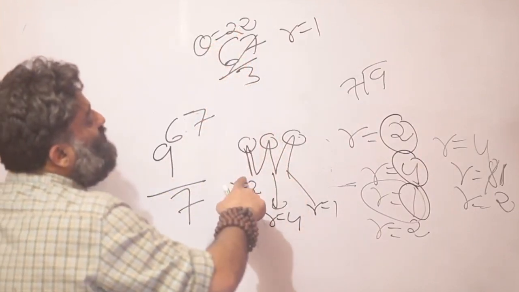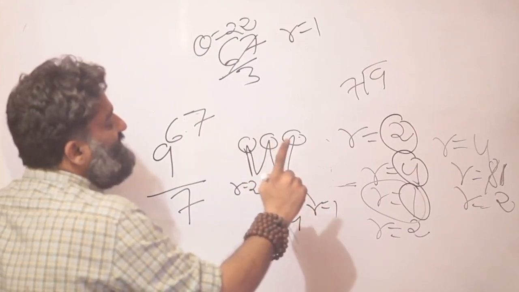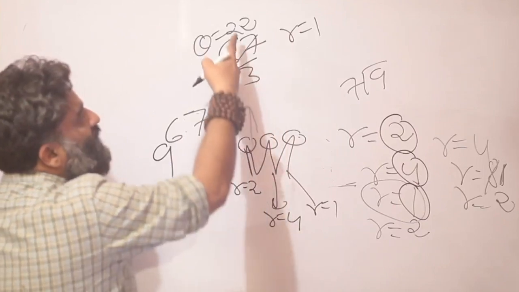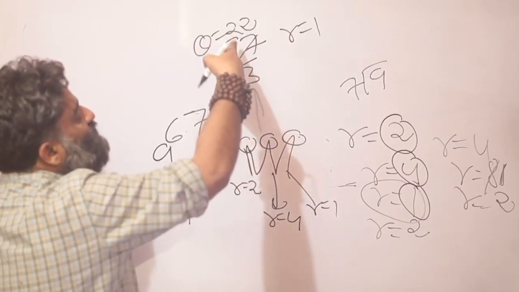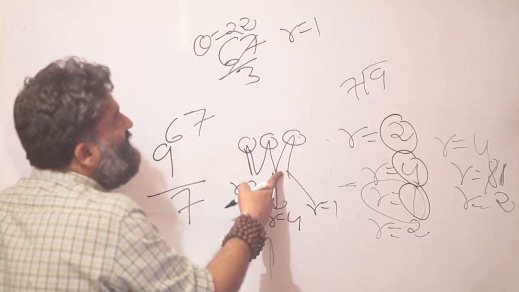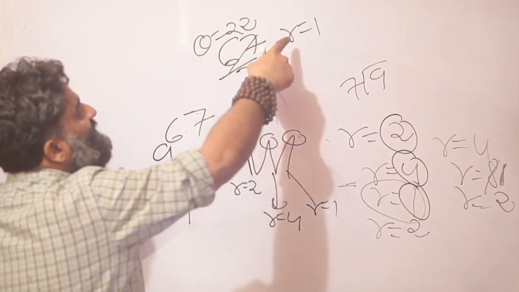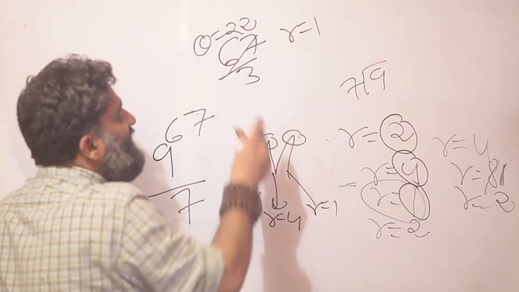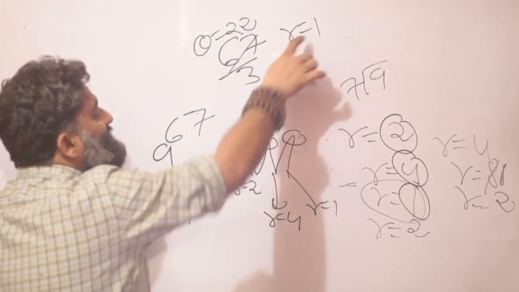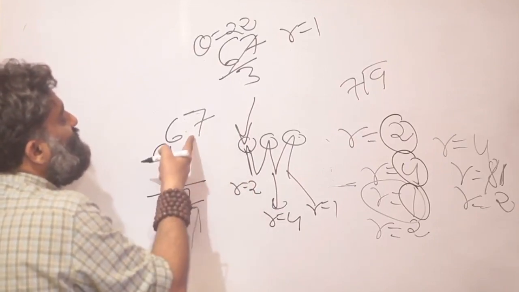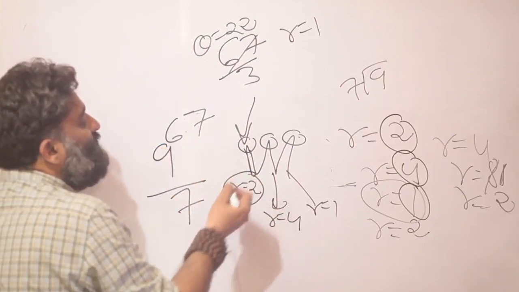There are 22 cycles, 1, 2, 3, one cycle, 1, 2, 3, another cycle. How many such cycles? 22 cycles. So if this was 66, you will be at the third finger, but it is 67, which means remainder is 1. That means 22 cycles are complete and the first step of the next cycle is going on. So for 9 raised to 67, my remainder would be 2.